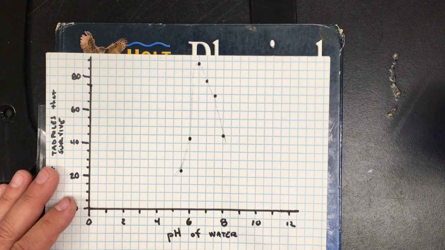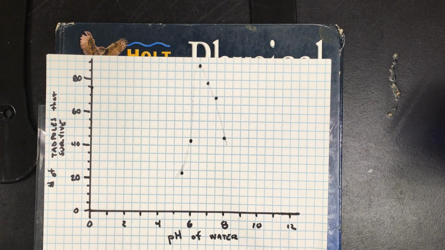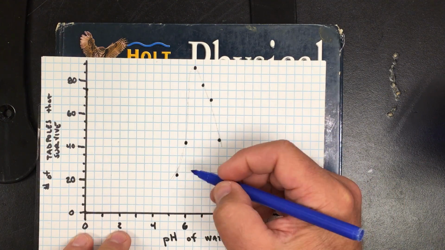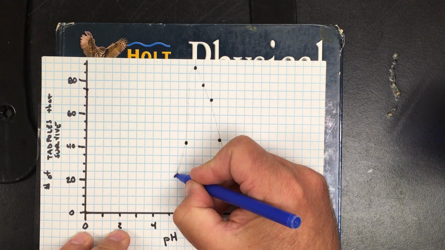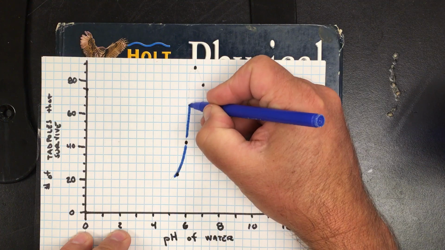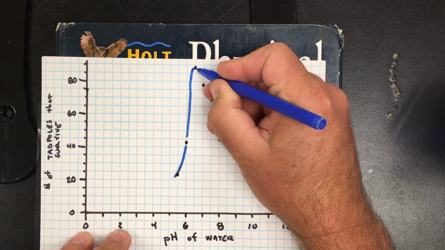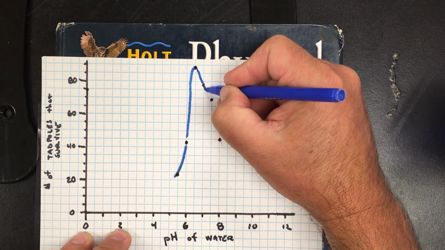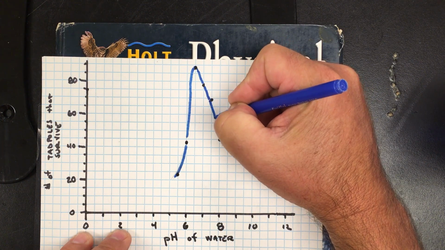Once I kind of have it sketched in, I can then darken it in. Perhaps I can use another color to darken it in. So let me use this blue pen. You can just use pencil if you want to. So I'm just tracing over what I've already done. To make it look nice and neat and smooth.